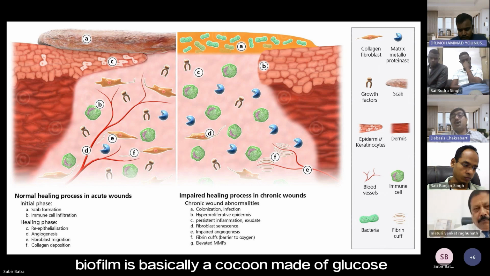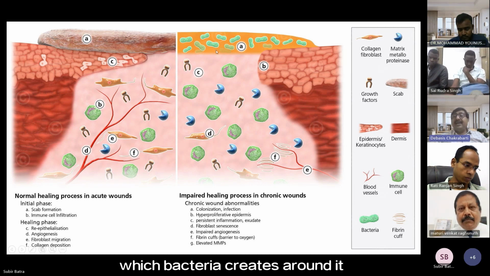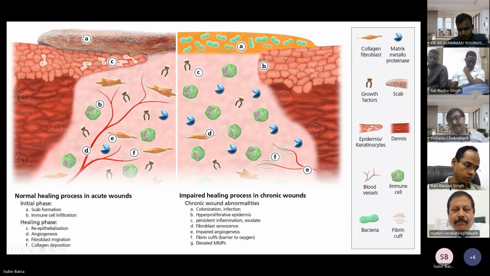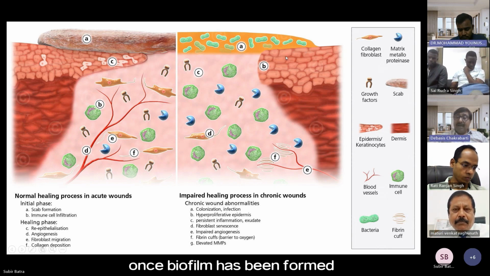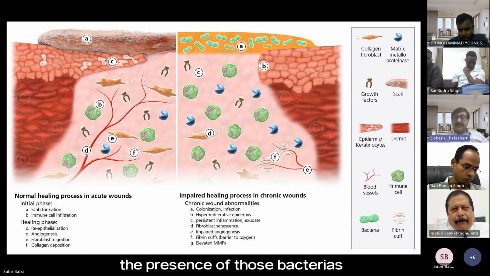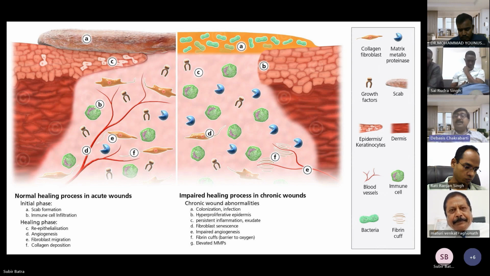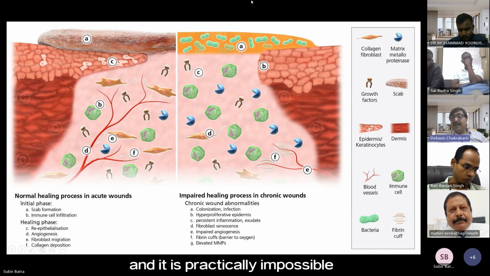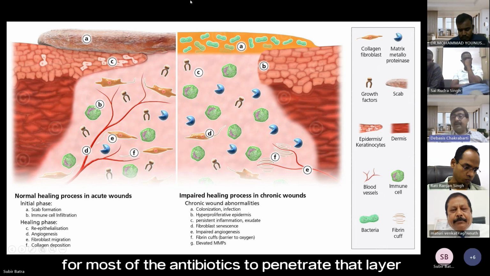A biofilm is basically a cocoon made of glucose which bacteria create around themselves. Once the biofilm has been formed, the body cannot recognize the presence of those bacteria. And it is practically impossible for most antibiotics to penetrate that layer.